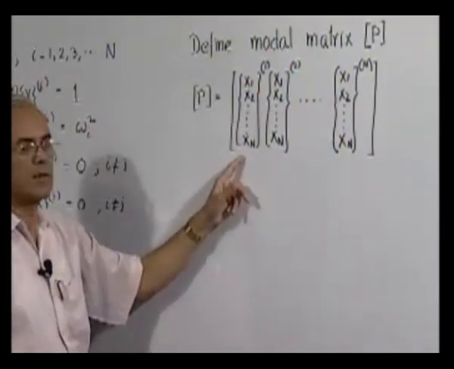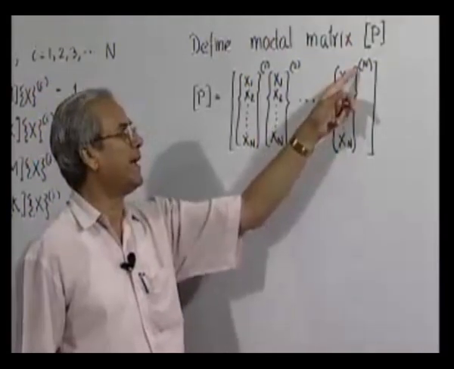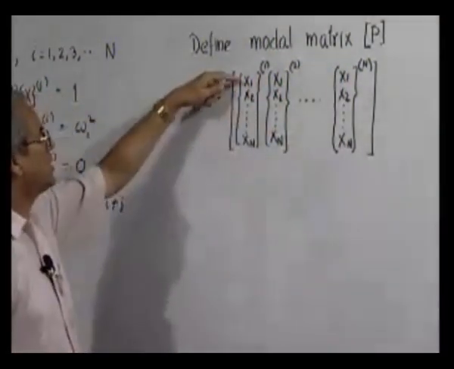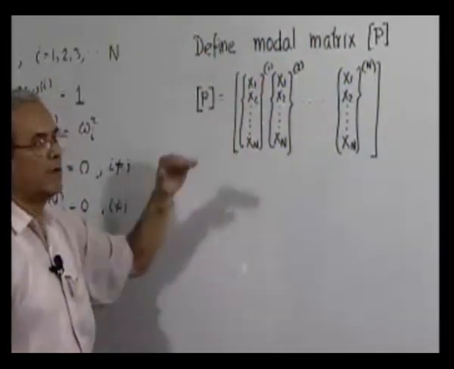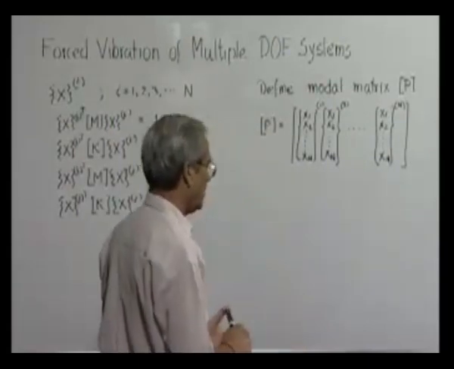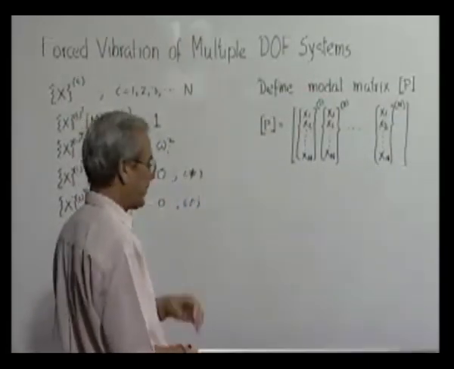This is the first natural mode, this is the second natural mode, and for an n degree freedom system there will be n natural modes. So there will be n columns, and obviously x1, x2, x3 going up to xn, so there will be n rows, and so this represents a square matrix of order n. This we call the modal matrix P.